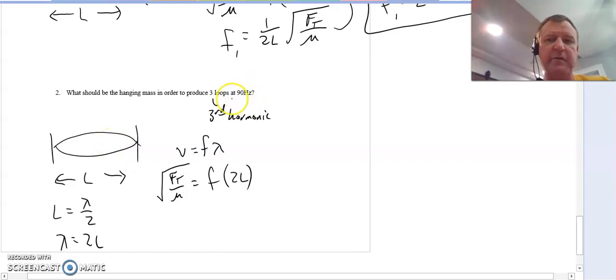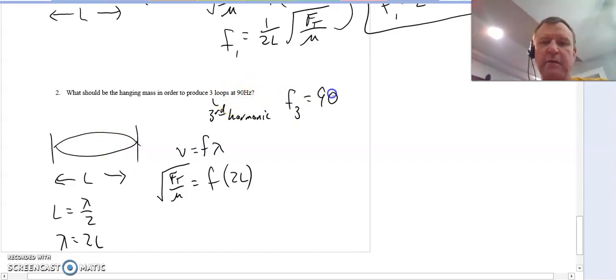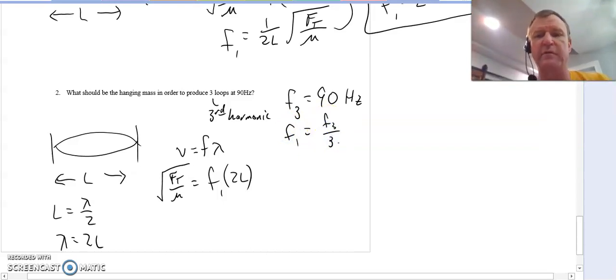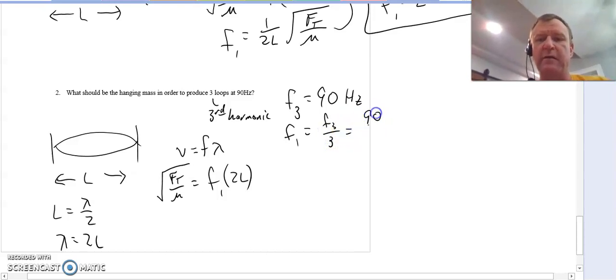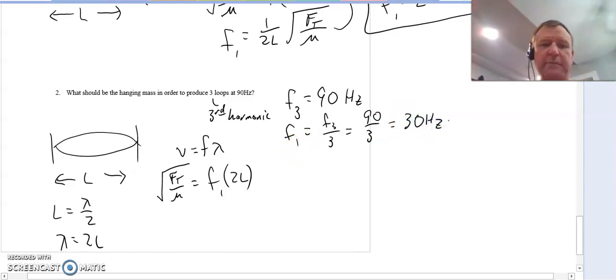The 90 hertz here is the third harmonic, so f3 is 90 hertz. But I want f1. So f1 is just going to be f3 over 3, just a third of that. So 90 over 3: the fundamental frequency should be 30 hertz.